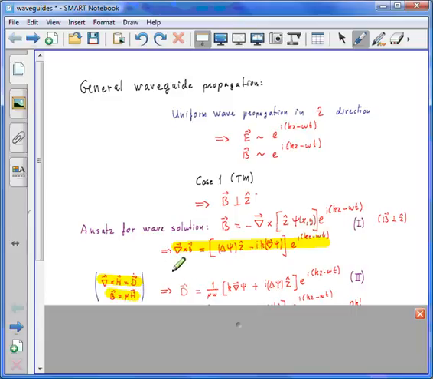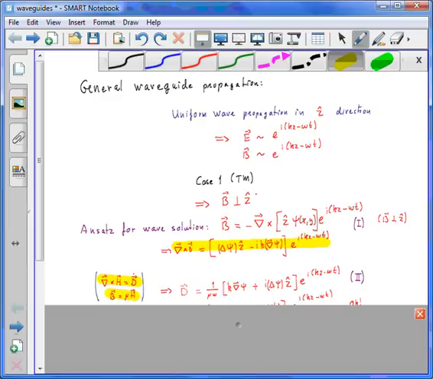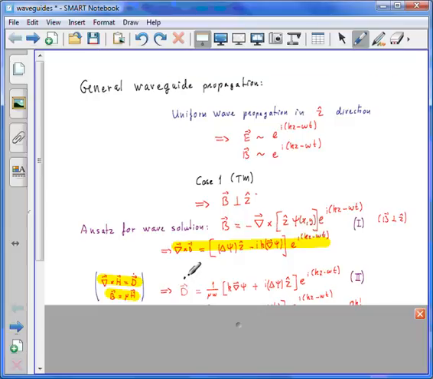So what we can do now, we can simply evaluate D, which is the integral over time of the curl of H. But the curl of H, that's nothing else.